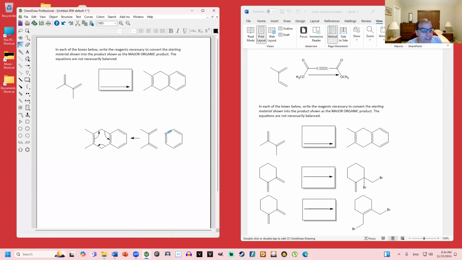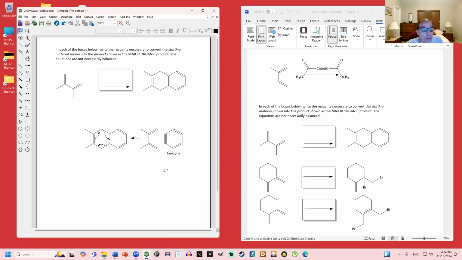The other species is something truly bizarre, which is mentioned in chapter 16, though we never talked about it specifically. It's benzyne. And benzyne is a known intermediate that you can make, obviously exceedingly strained and reactive.